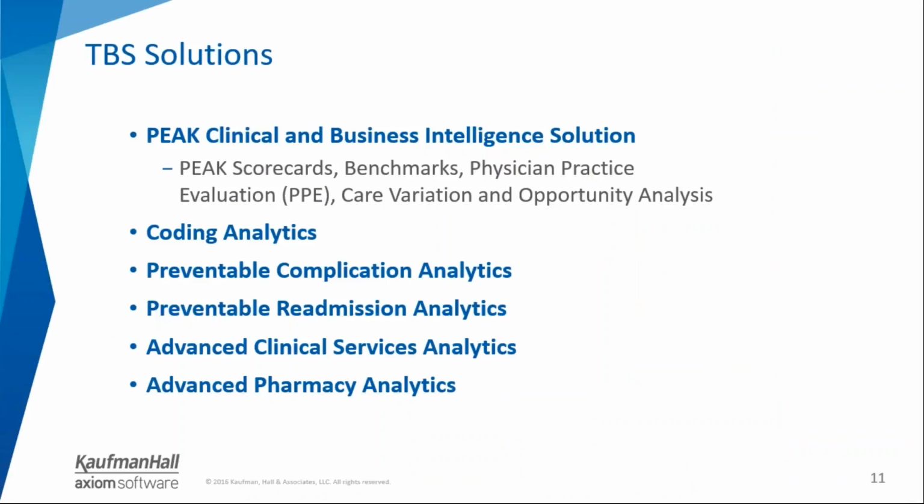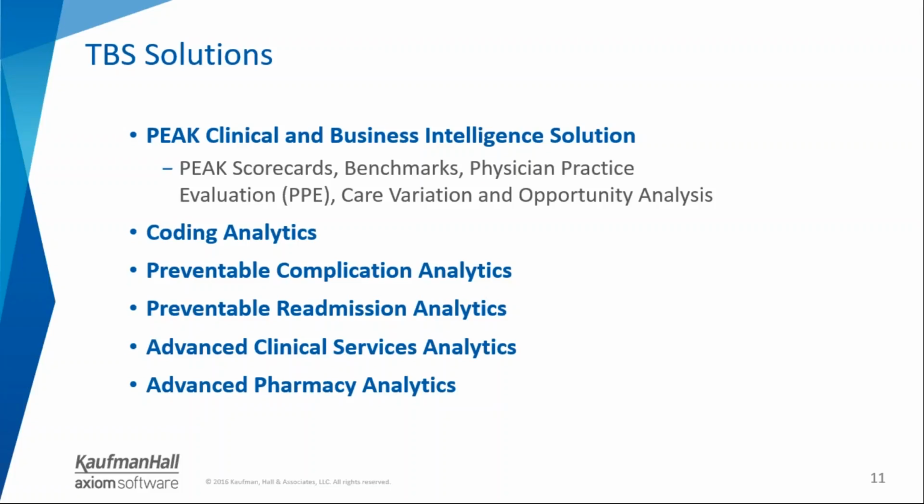On the next slide, which will be the last slide of the overview, here we have listed our major capabilities included in the PEAK solution, which also includes physician practice evaluation reports and scorecards. Our PEAK solution also includes the analysis of where there may be instances of under or over coding.